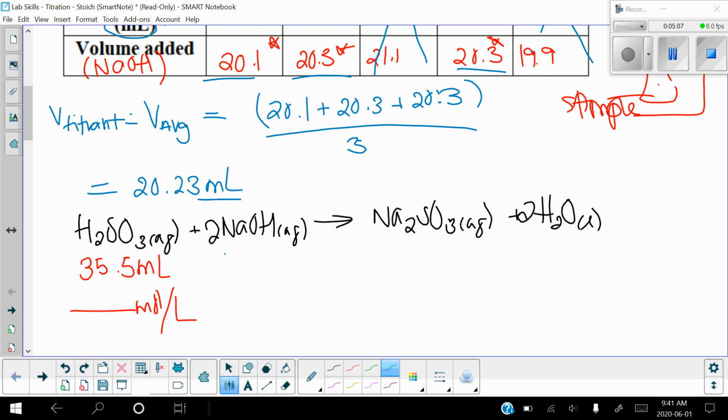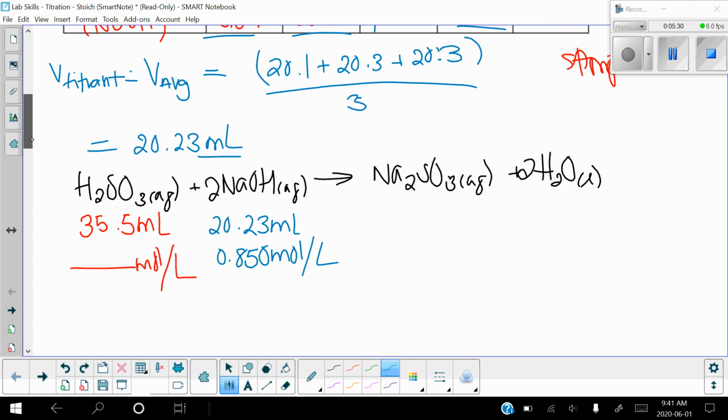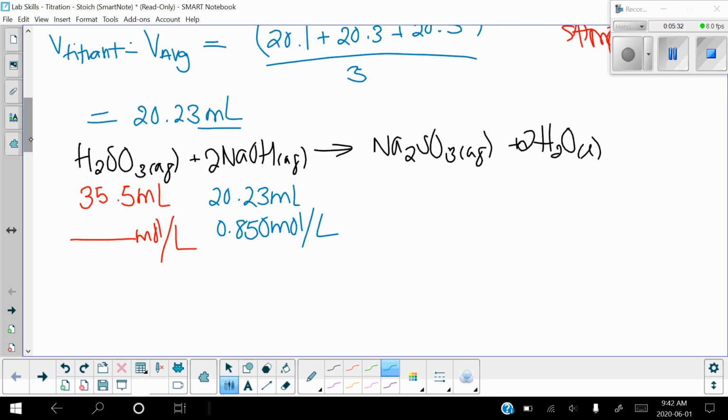Here we know the volume added was 20.23 milliliters, and the concentration is 0.850 moles per liter. Right. We're going to begin with what we know, which is this guy here.